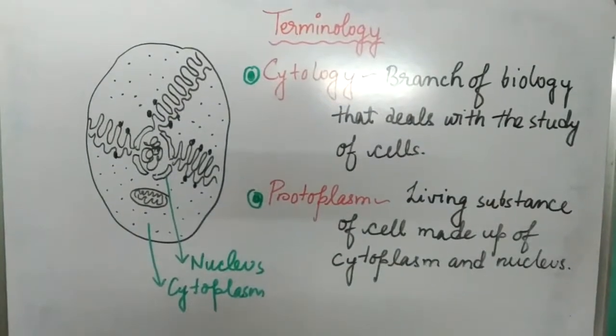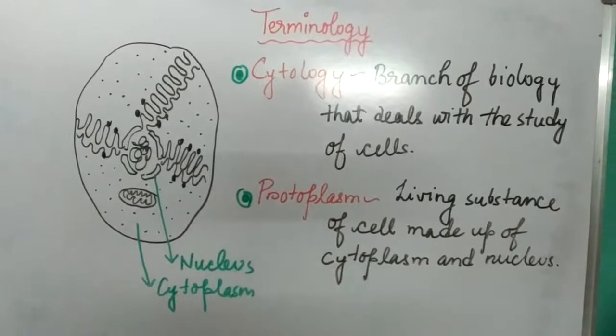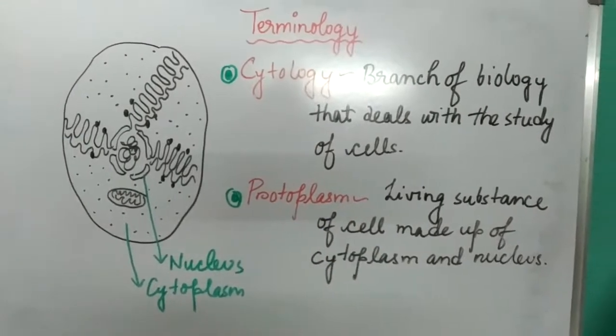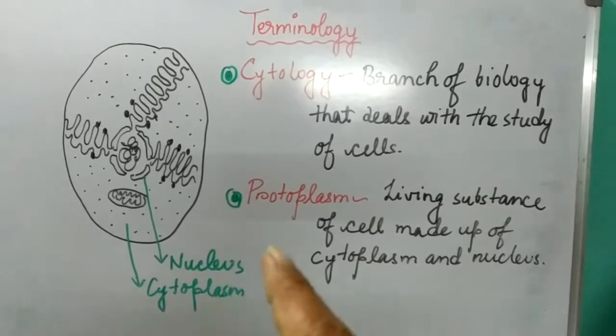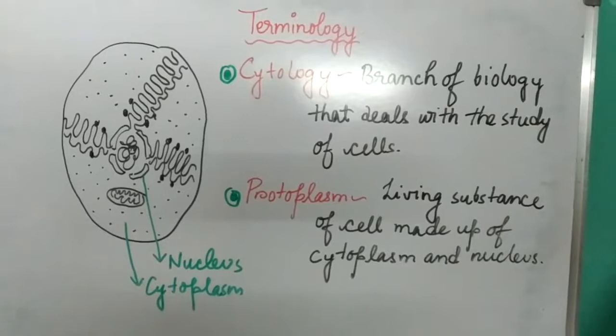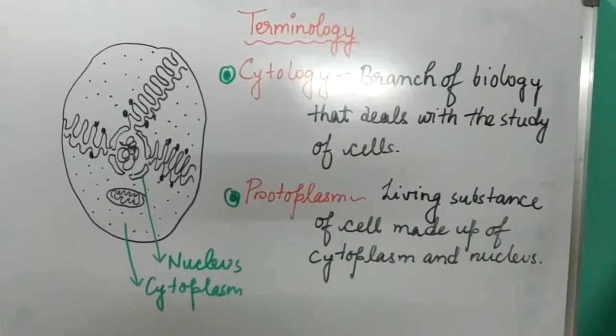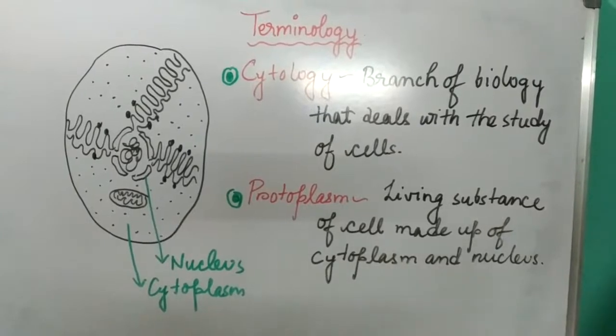That means nucleus plus cytoplasm equals protoplasm. So protoplasm means the living substance of the cell that is made up of cytoplasm and nucleus.